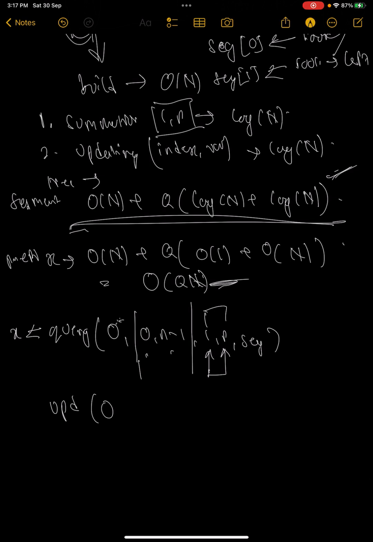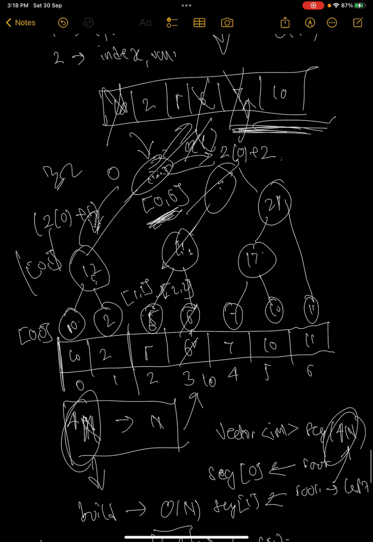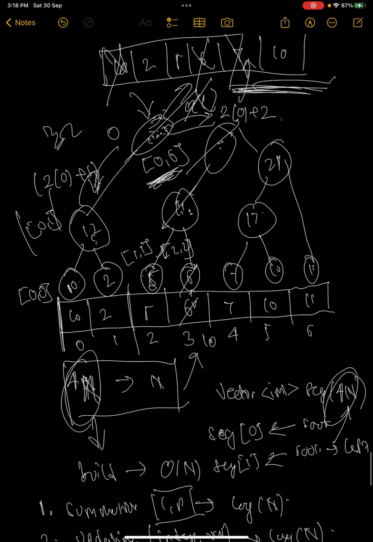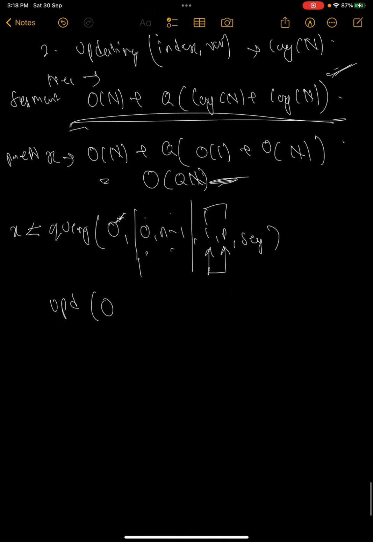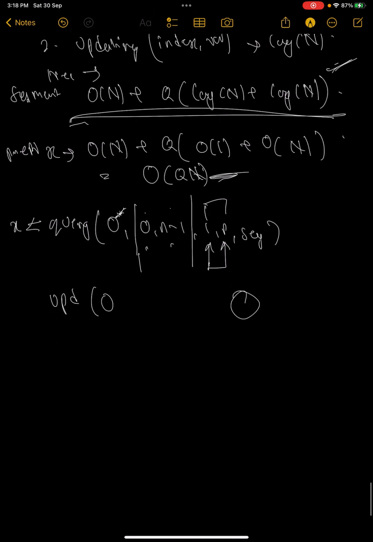And I forgot to explain what the 0 is. This 0 is actually the index of the segment tree node. These indexes are the indexes of our array, and this index is the index of our segment tree. Like I have already told you, this is 0, 1, 2, like this. For a node we have two types of information.